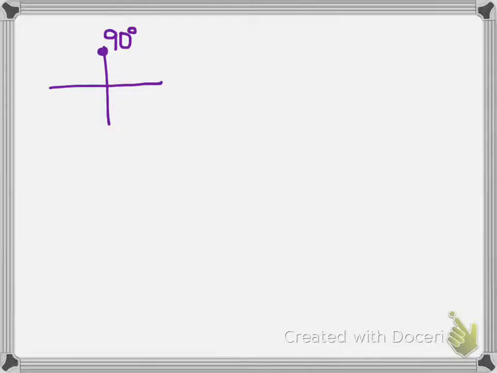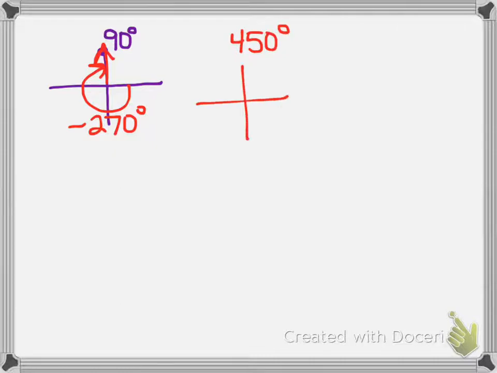And one of the answers that your classmates had given me was negative 270 degrees. But that's not the only angle that's going to terminate at 90 degrees. Another one that would terminate at the same place would be 450 degrees, because it would go all the way around 360, and then go another 90, and it still ends up pointing straight up at 90 degrees.